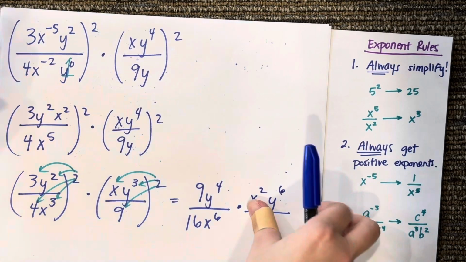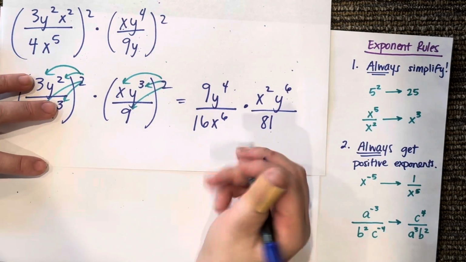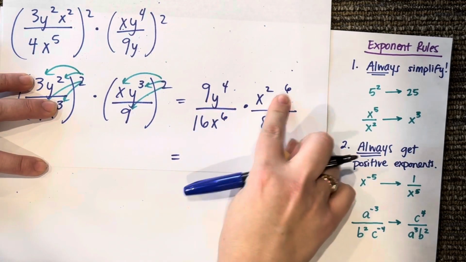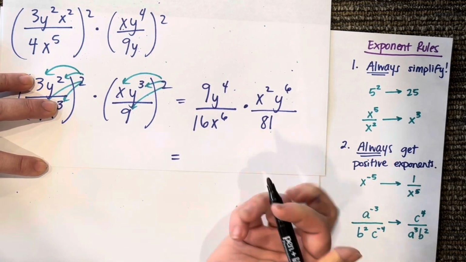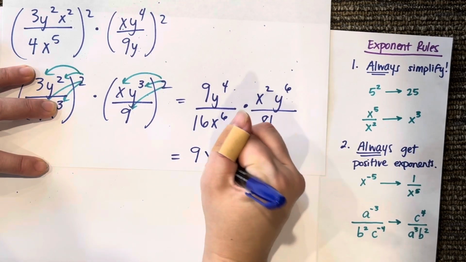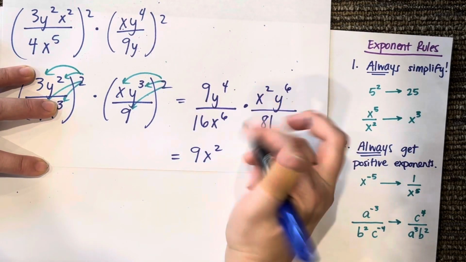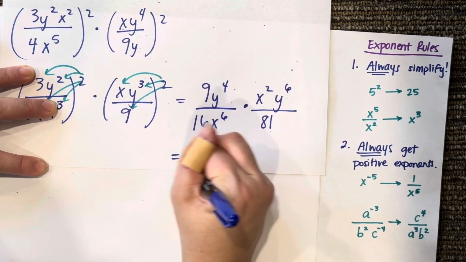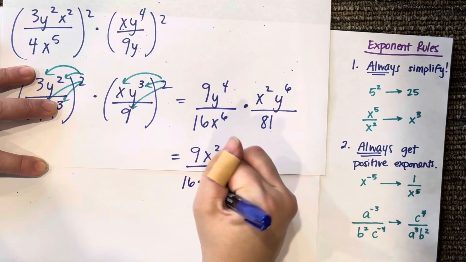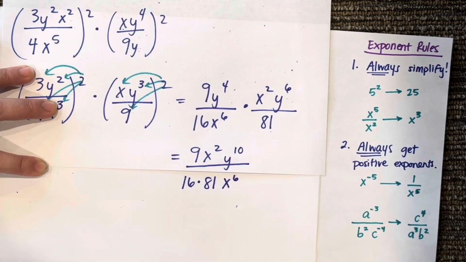Okay, I've run out of space, so we're going to move that up. Now you could multiply everything across, you can combine everything. You have 9 x squared, y to the 4th times y to the 6th. I'm going to add those exponents, so y to the 10th, divided by 16 times 81, x to the 6th.